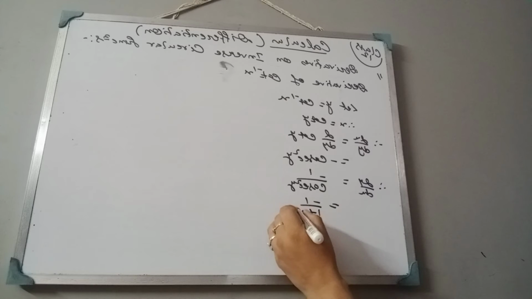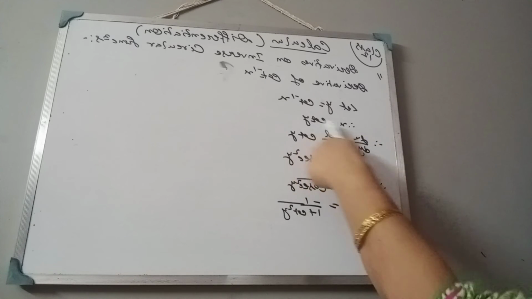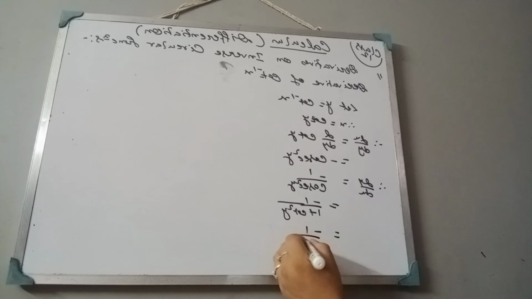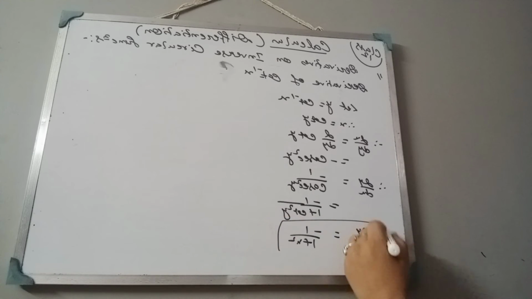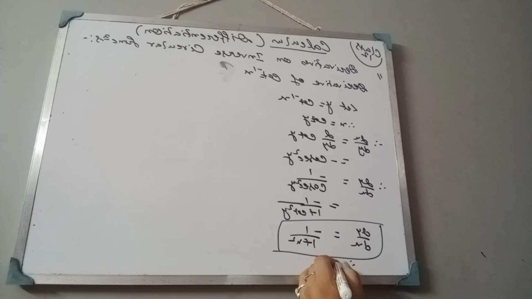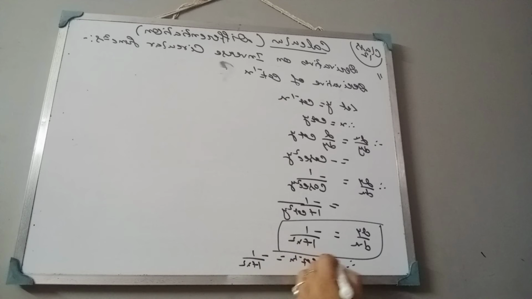Now cot y is equal to x. So dy/dx is minus 1 by 1 plus x square. That means d/dx of cot inverse x is equal to minus 1 by 1 plus x square.